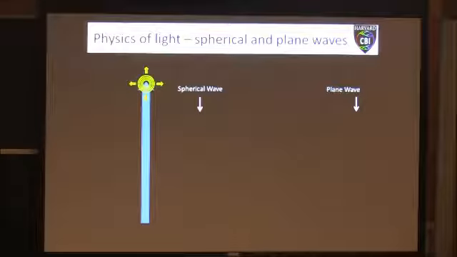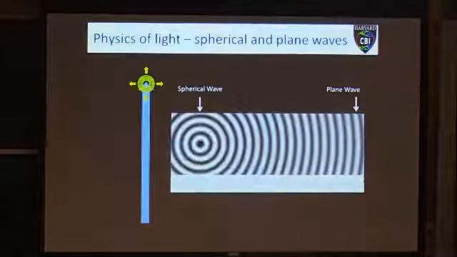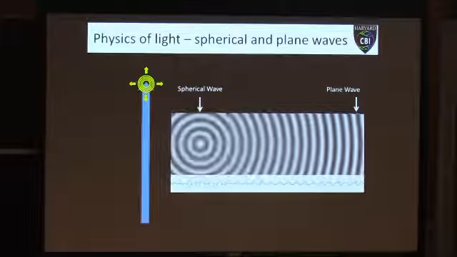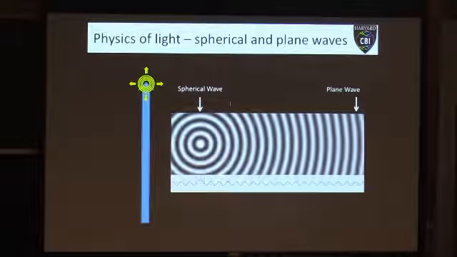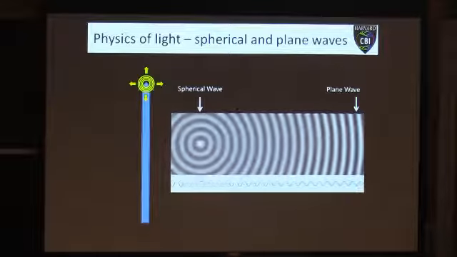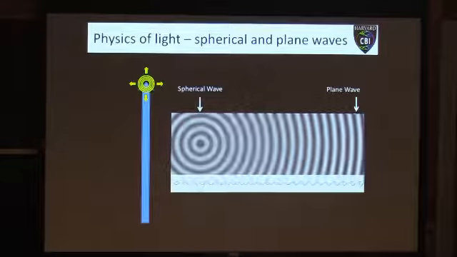So when we were talking earlier about if there's an object in the middle of the room here and the light is coming in and hitting it, that light bounces off in what we call a spherical wave. So you can think of this as dropping a pebble into a pond and the rings that come out from it. Okay? And if you look at that spherical wave, the further and further you get away from where it began, it looks more and more like a plane wave.